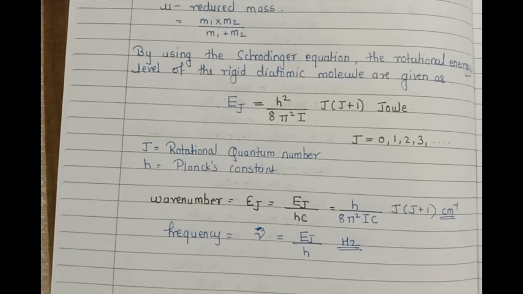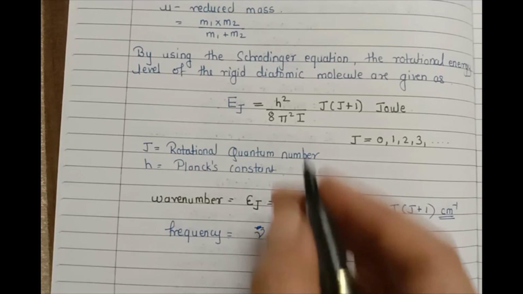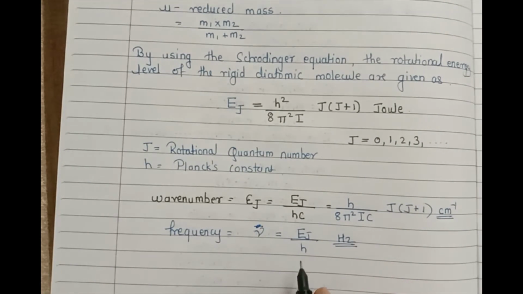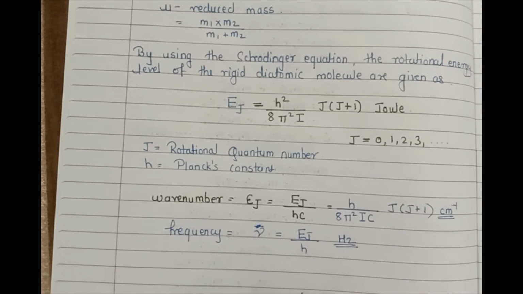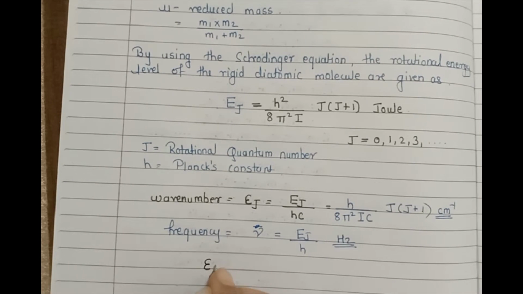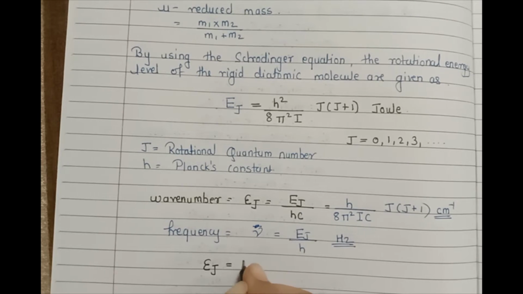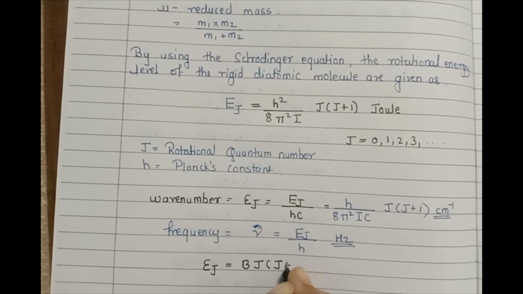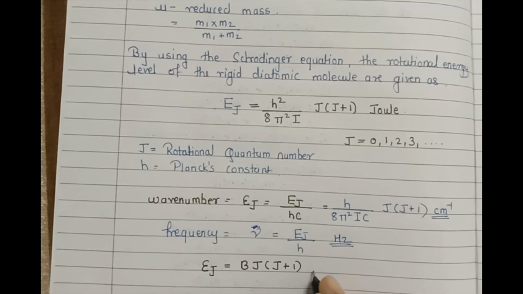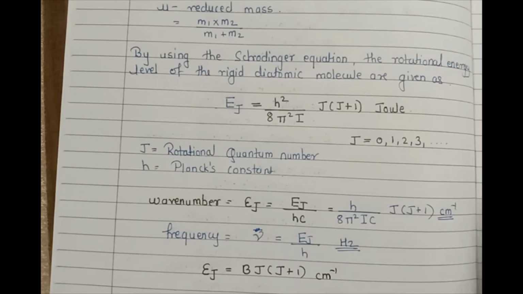Okay. So now instead of writing this whole h upon 8 pi square Ic, another constant is introduced. That is epsilon j is equal to B into j plus 1 centimeter inverse.